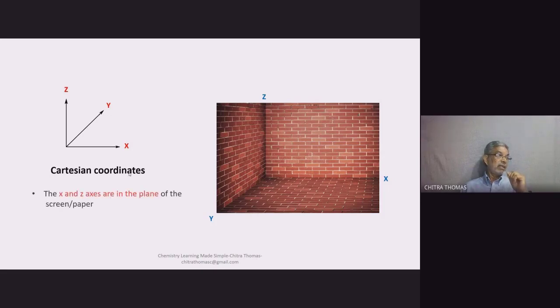Here, the X and Z axes are in the plane of the screen, and the Y axis is perpendicular to the plane. You can visualize the Y axis jutting out of the plane of the paper. It's not very difficult to visualize that. So this is represented like this.